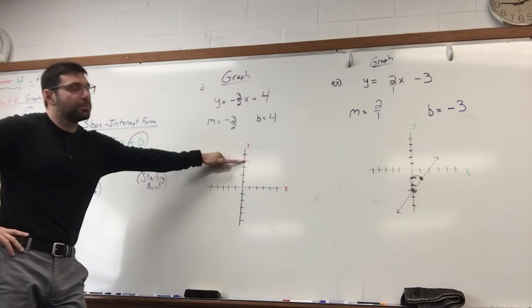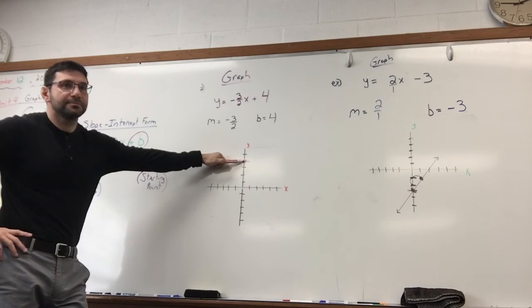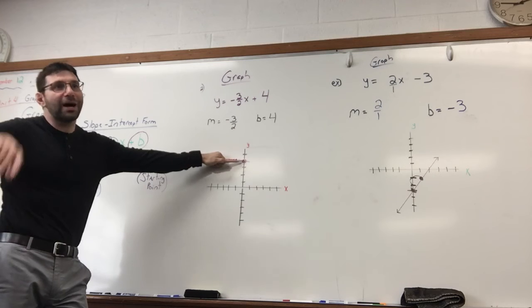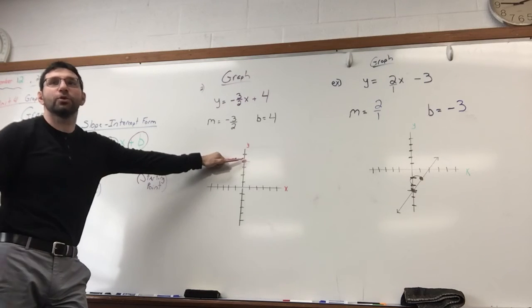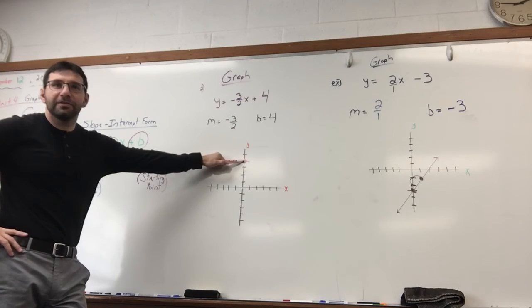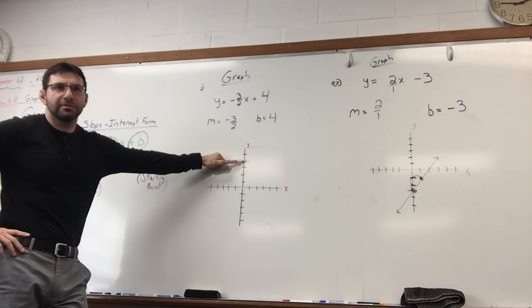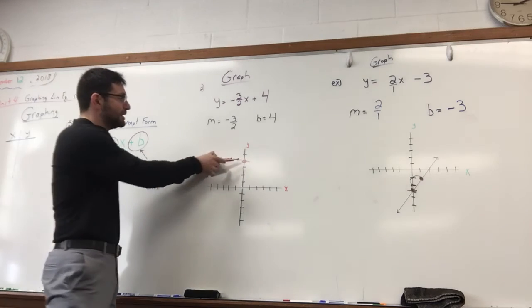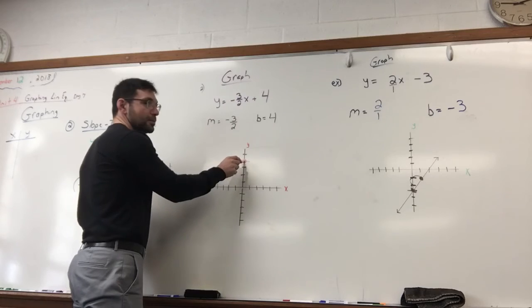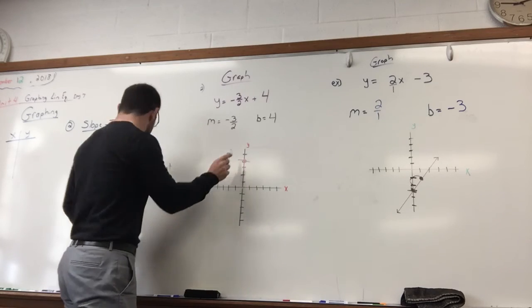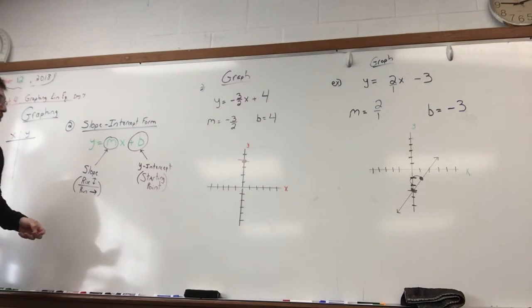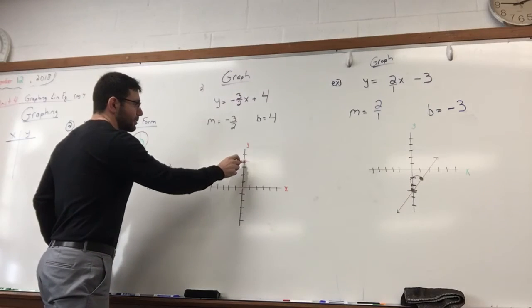Okay, Simone, what's my slope? Negative 3 over 2. Remember, rise over run. Rise is up and down, run is only to the right. If it's negative, which direction do you think we're going to go, Simone? Down. How many down?